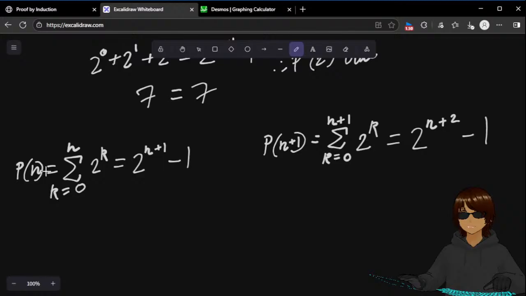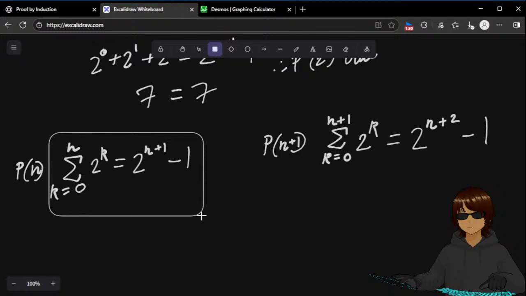How do we write a statement like this thing? What's the notation? Is it like this? So Pn is this.